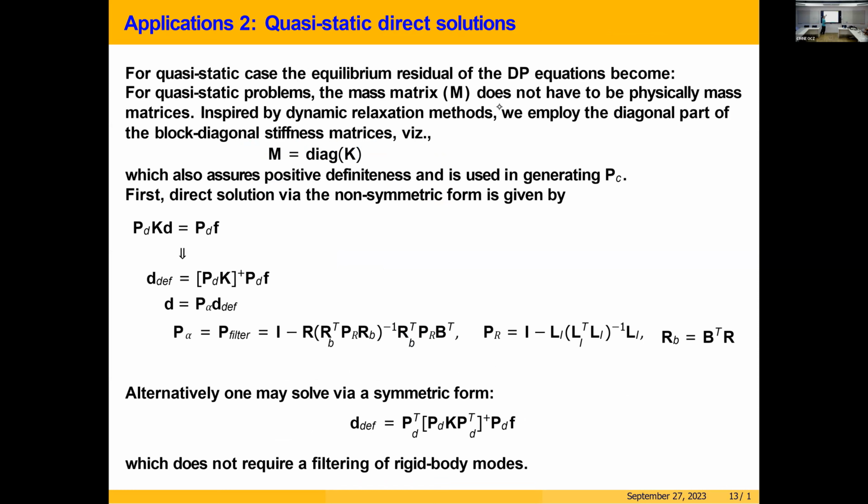So we wanted to apply this DP equation for quasi-static problems. Nice thing about it is, for quasi-static problems, M doesn't have to be the physical mass matrix. M can be anything actually. M can be the best possible dynamic relaxation mass matrix, for example. Okay. We are still exploring some other possibilities.